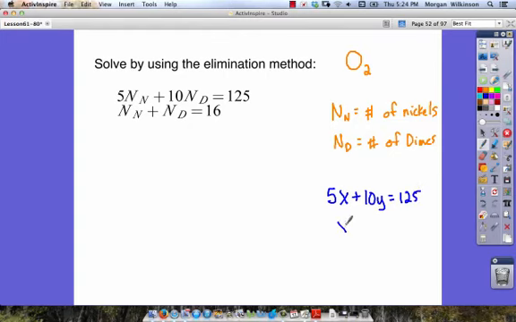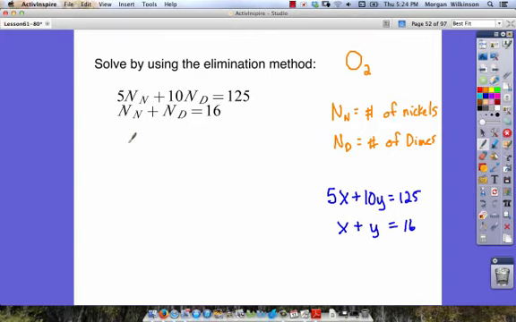And we could have said x plus y is equal to 16. But sometimes it makes sense to use subscripted variables if they make sense for the problem. Number of nickels, n of n. Number of dimes, n of d. Rather than using x and y, and those having no relationship to your actual problem.